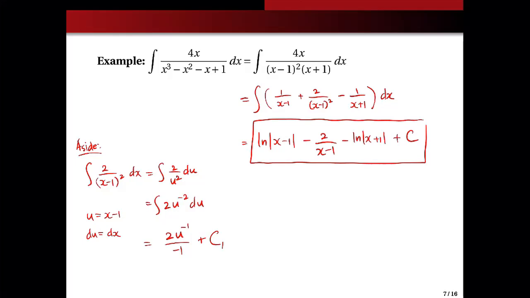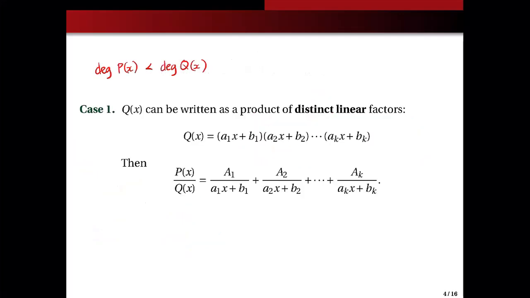So again, recall, for case 1, if your denominator has linear factors and they are distinct, you just have constant over the linear factors, and then you add all of these. Okay?